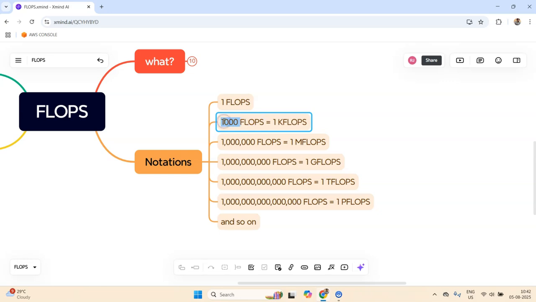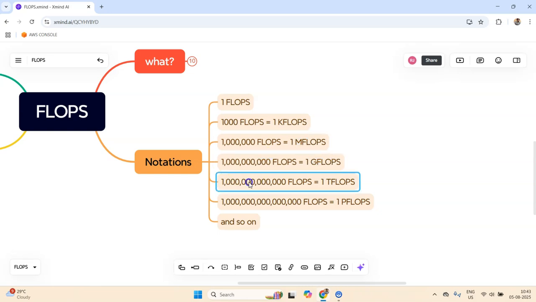Now this 1000 flops is conveniently represented as 1k flop. Then we have 1 million flops, represented as 1 mega flop, where M does not stand for million but rather mega. Then we have giga, meaning 1 billion flops, 1 trillion flops, and then 1000 trillion, and so on. It can go on forever.